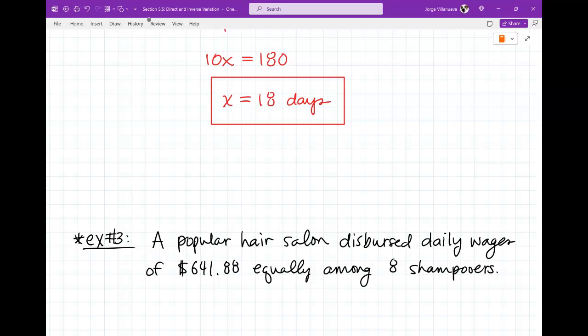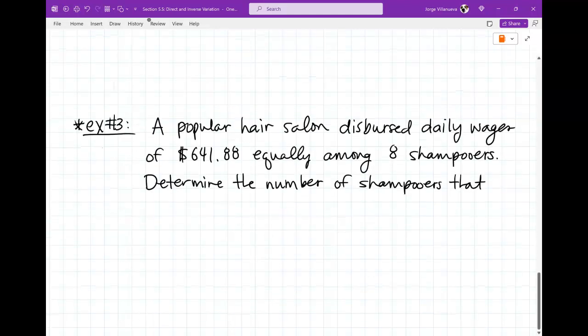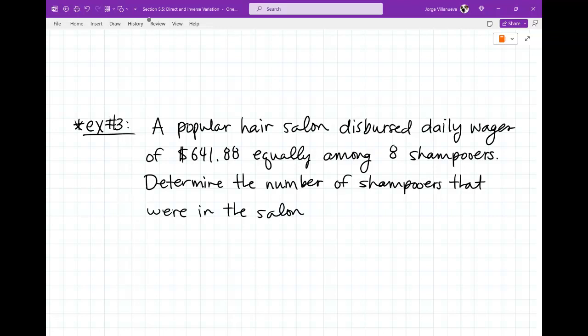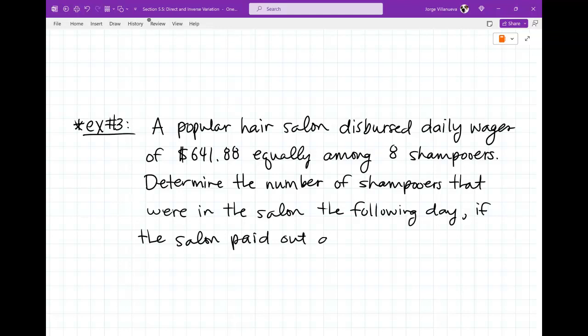Determine the number of shampooers that were in the salon the following day, if the salon paid out a total of $1,152.90 as daily wages. I'm going to go ahead and pause right now just to let you guys write this stuff out.